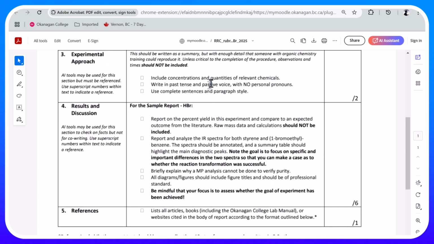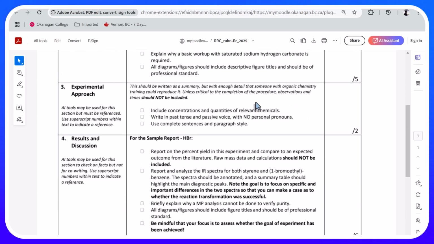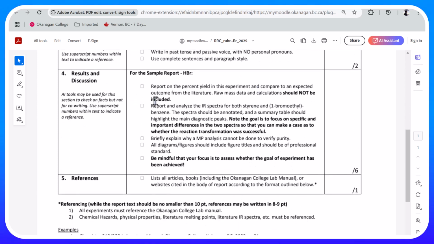I remind you in the experimental approach, passive voice, past tense. I remind you in the results and discussion that when you're doing your IR analysis, your goal is to point out differences and how this information supports whether or not you were successful in doing the reaction.